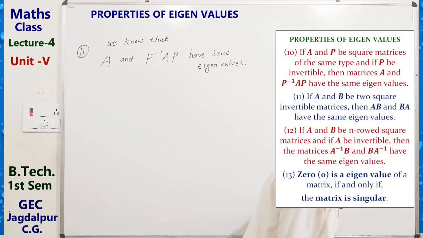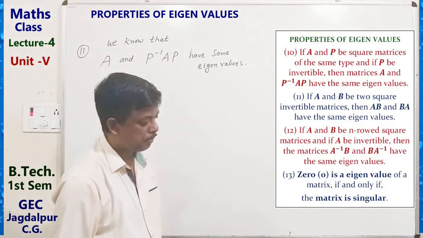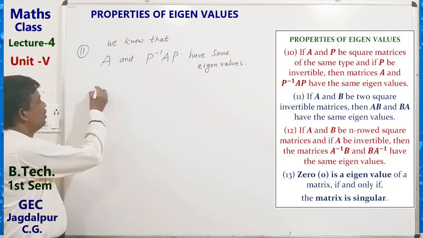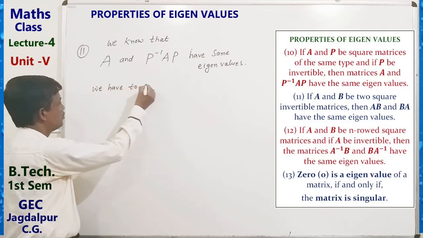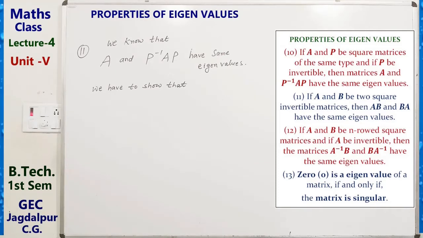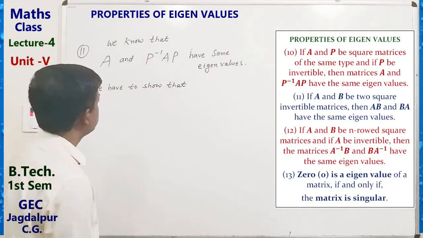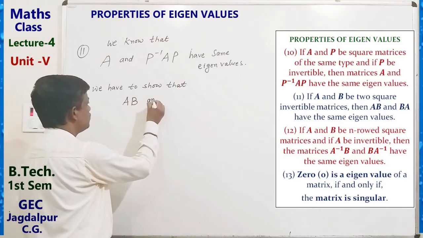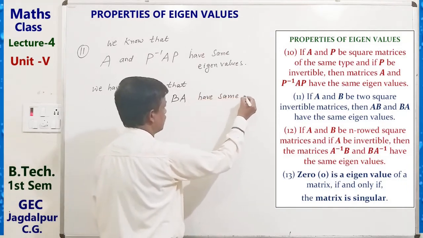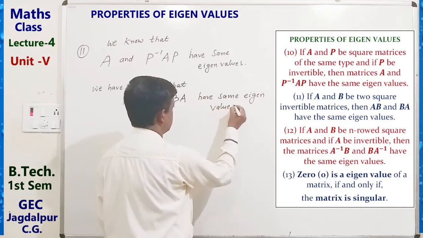So it is simple to prove. See here, we have to show that AB and BA have same eigenvalues.